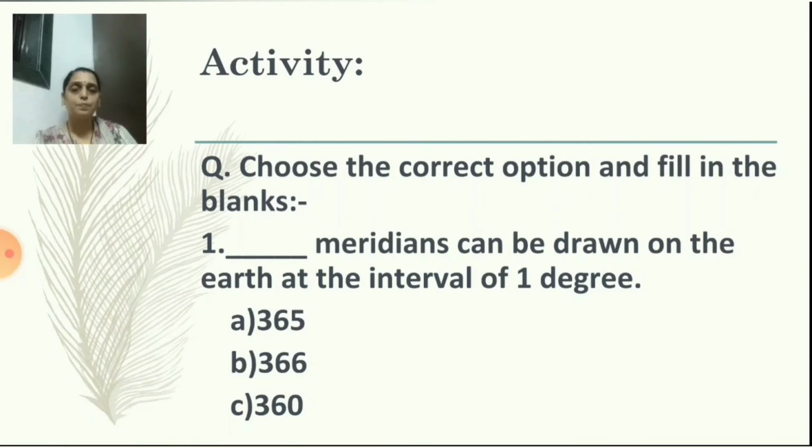Options are A 365, B 366 and C 360. What will be the correct answer? Yes, C 360. 360 meridians can be drawn on the earth at the interval of 1 degree. Is it clear?